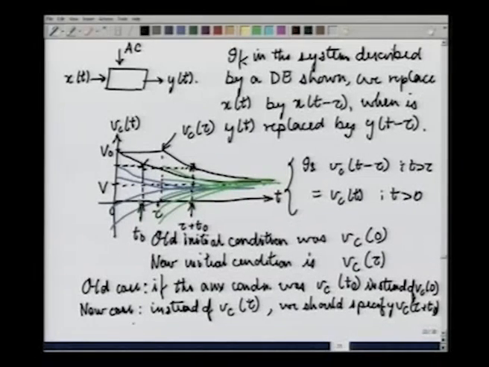In short, Vc of t naught when the input is x of t is the same as Vc of t naught plus tau when the input is x of t minus tau.